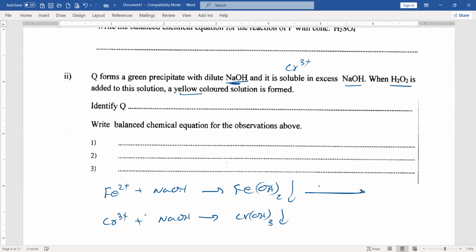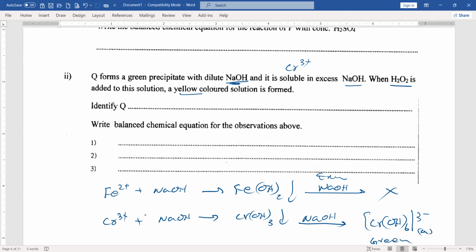But excess sodium hydroxide will not change iron(II) hydroxide. If you add excess sodium hydroxide to chromium hydroxide, it forms [Cr(OH)6]3- (aq), a green solution.